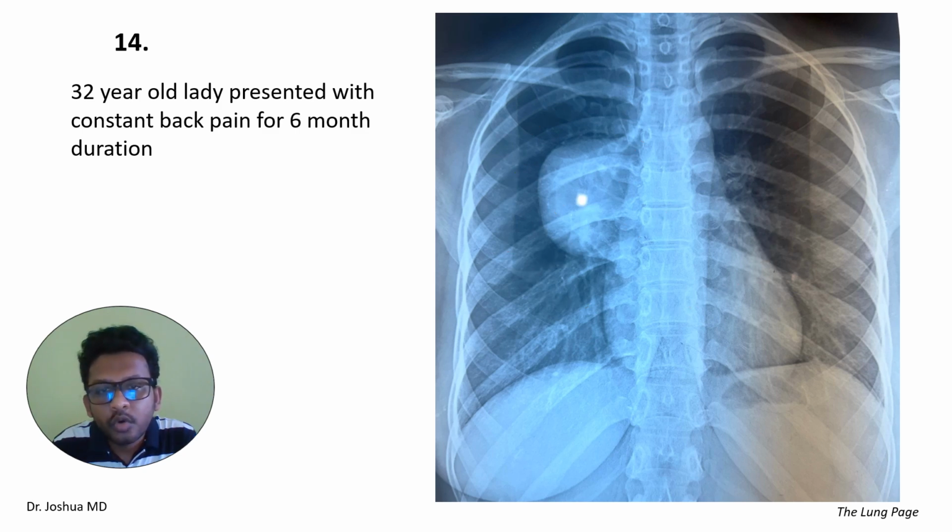So we have to know what the causes of the hilum overlay sign are. The hilum overlay sign is usually seen in mediastinal tumors, cardiomegaly, hilar lymphadenopathy, or any prominent hilar area. So we took a chest X-ray lateral view. What is our differential diagnosis?